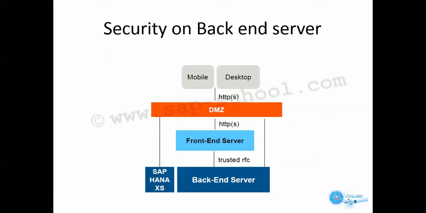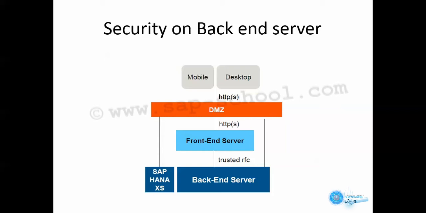These requests can be authenticated using Kerberos or X509 certificates or logon tickets and so on. So we can configure the front-end server to issue the logon tickets after the initial authentication, or we can use our existing PKI infrastructure to do the same.